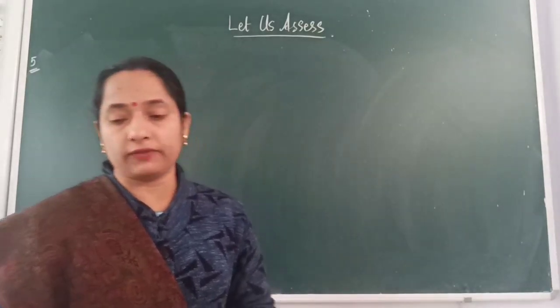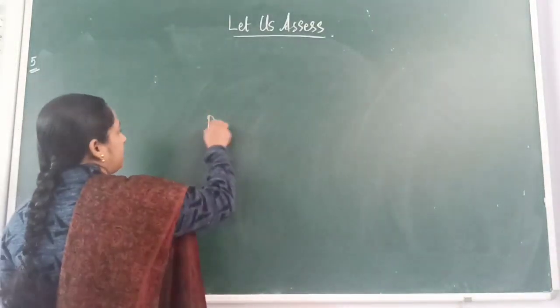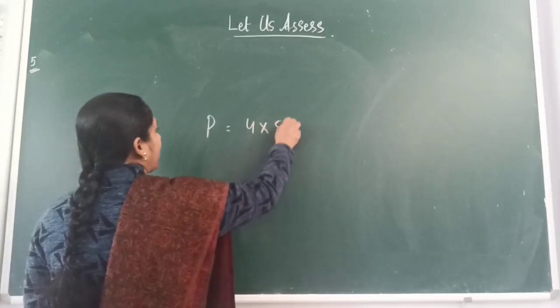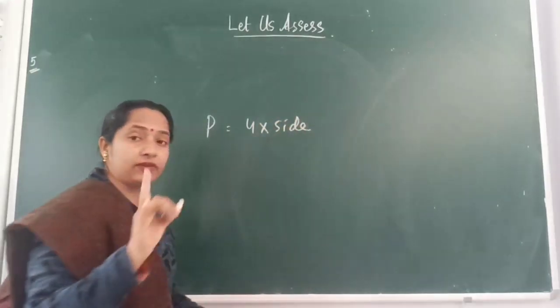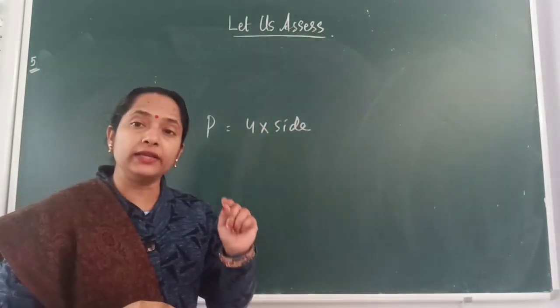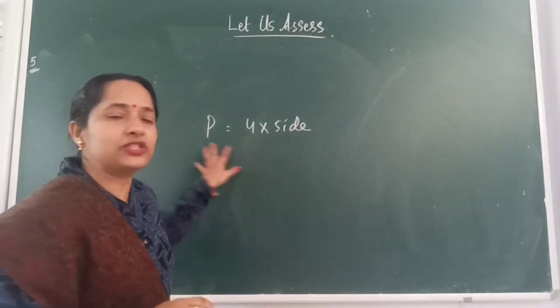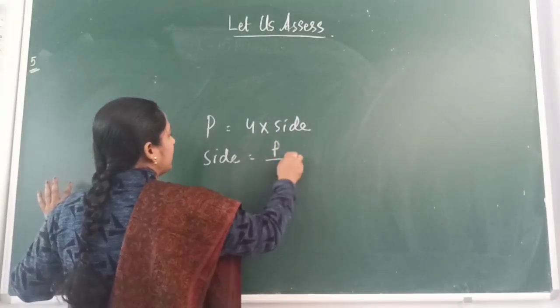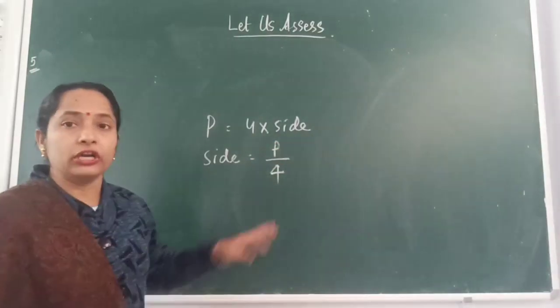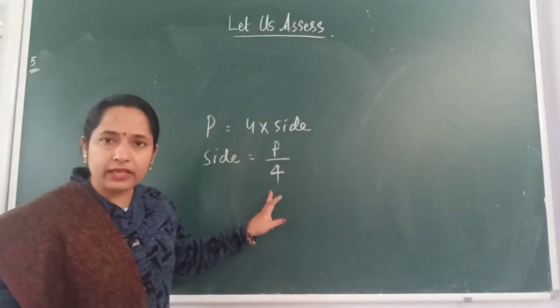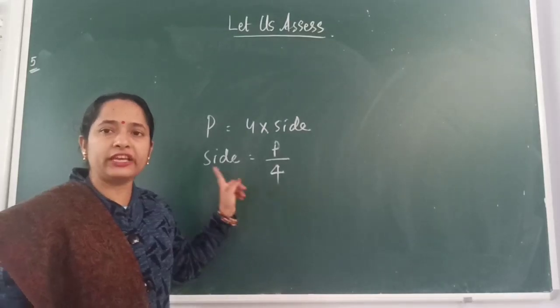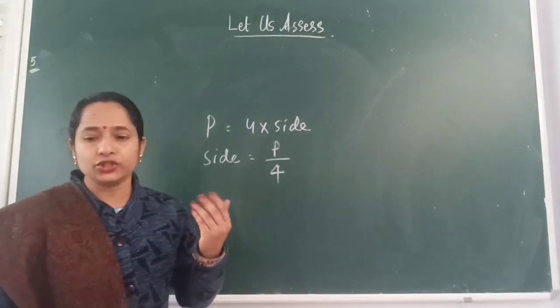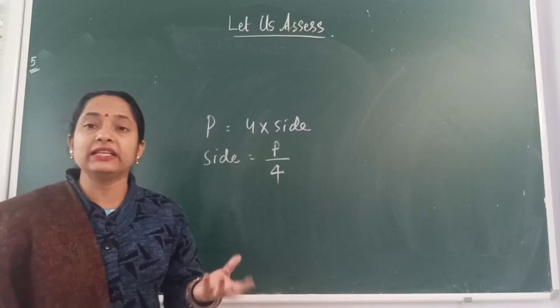We know that perimeter of a square is 4 multiplied by side, and side can be found simply by dividing the perimeter by 4. If you divide the given perimeter of the square by 4, then you will get the length of the side. So you got the length of the side.